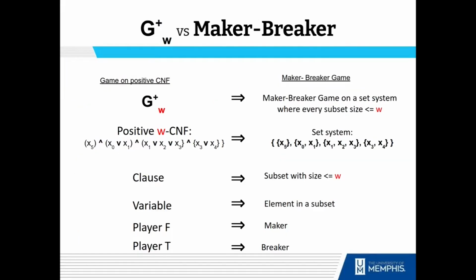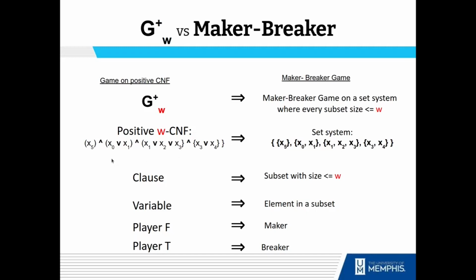Now, if you take a look at G positive W versus the maker breaker game, we argue that these two games are actually the same. Why do we think about these two games this way? We will just show some similarities of different arguments. Suppose the game on positive CNF has the notation G positive W, and the maker breaker game is on a set system where every subset has size W. For an example, we have a positive W CNF here and the equivalent set system will look like this.